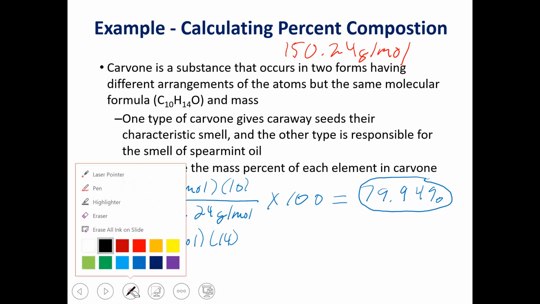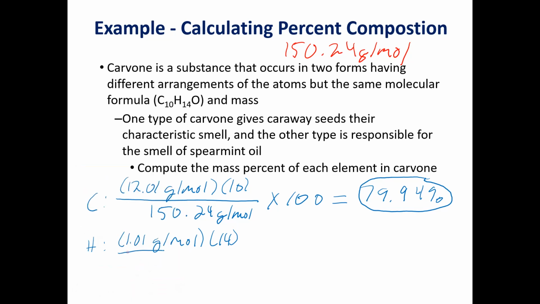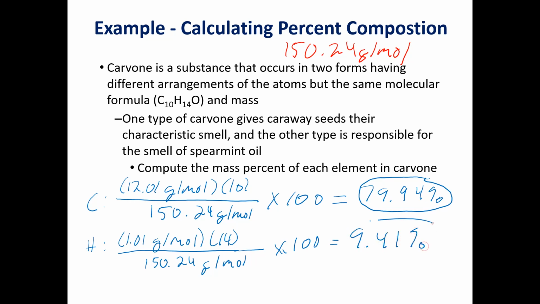And we're going to divide that by the molar mass of the substance, and multiply that by 100 to make it a percentage. So go ahead and put that into your calculator. What you should come up with is 9.41%.